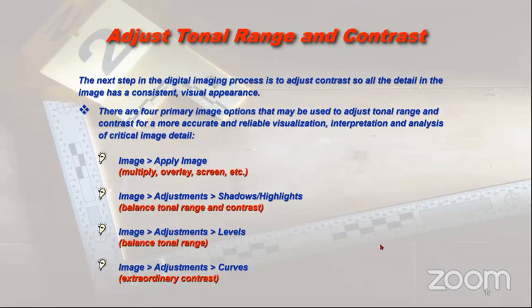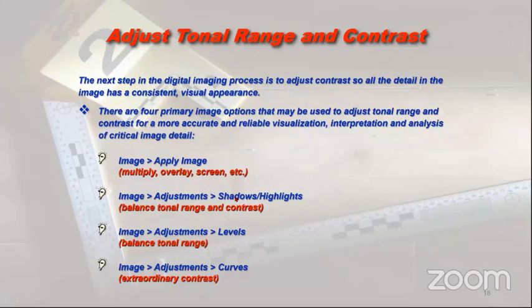Curves is, again, something that is a good tool, but there are a couple of complications in learning how to use it. So to make a very long story short, I strongly encourage you to use two different processes, either apply image or shadows and highlights for creating your tonal range and contrast.